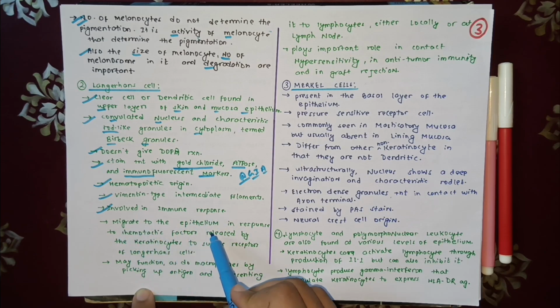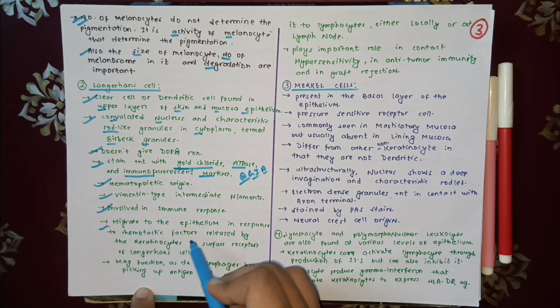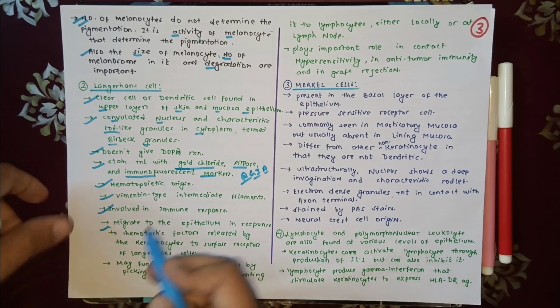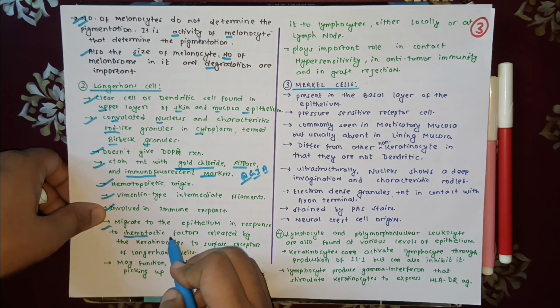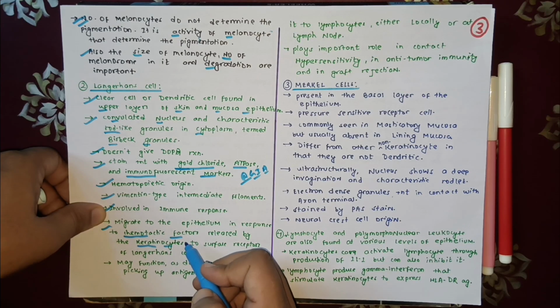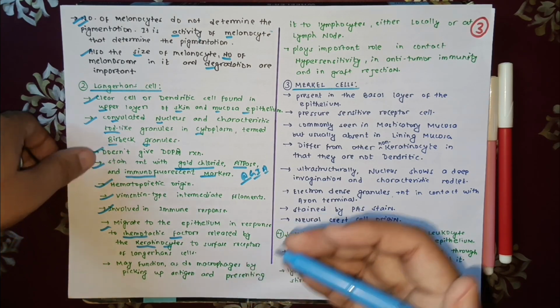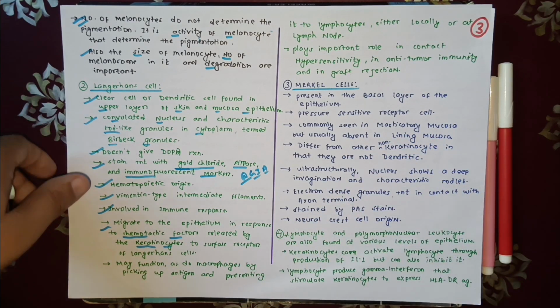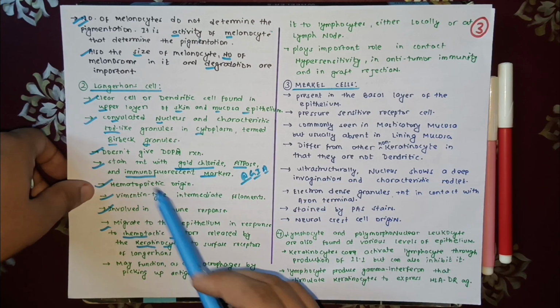It migrates to the epithelium in response to chemotactic factors released by the keratinocyte, acting on surface receptors of the Langerhans cell. So keratinocytes are the cells that release the chemicals, and those chemotactic factors attract the Langerhans cells.